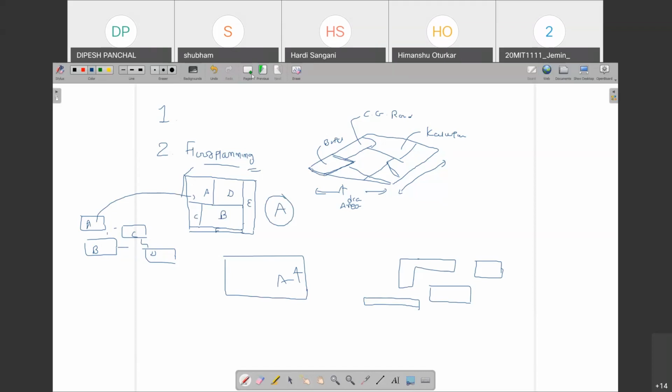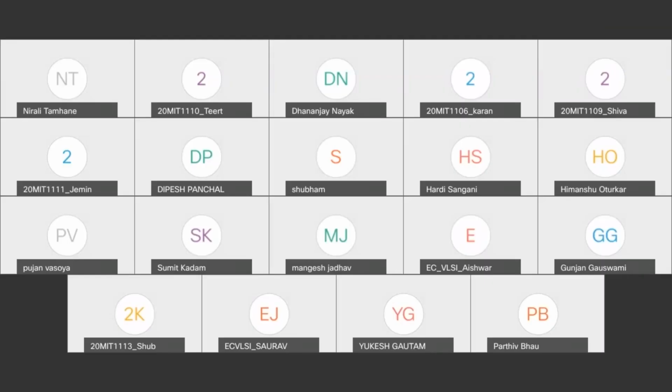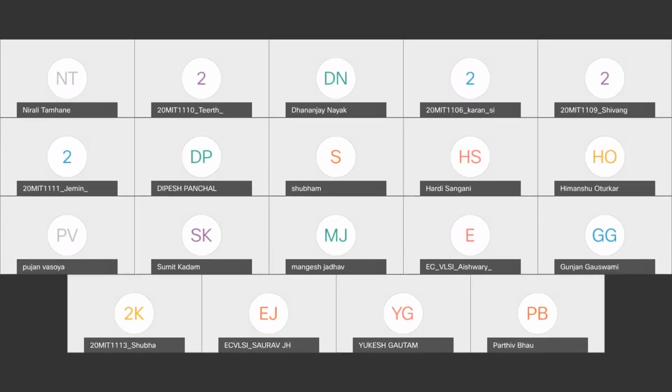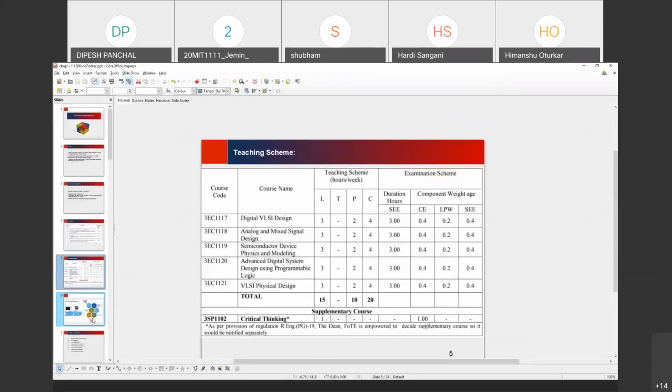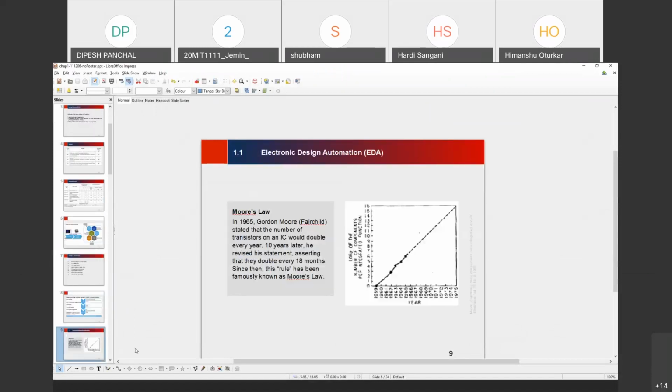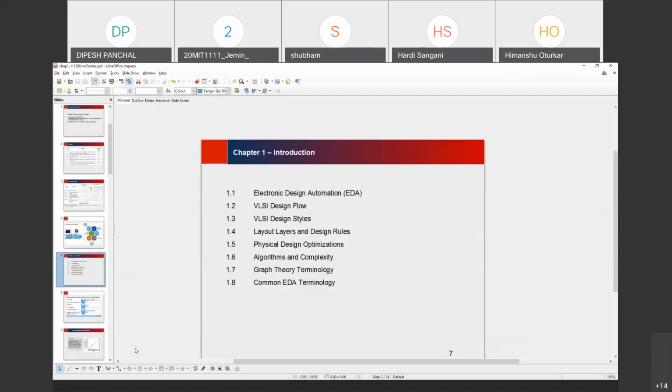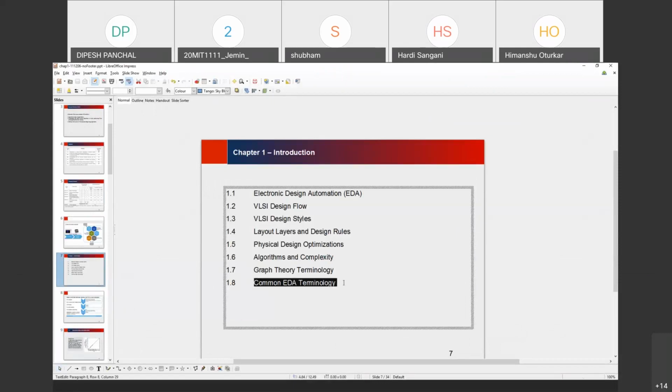Yes. Let me show that slide. Okay, after this slide there are so many slides. I am quickly... This is chapter number 1, point 1.8. Everything will come here. What are the terminologies available in VLSI physical design?